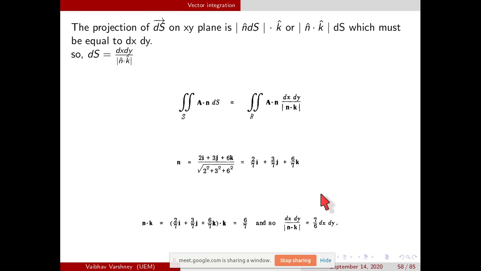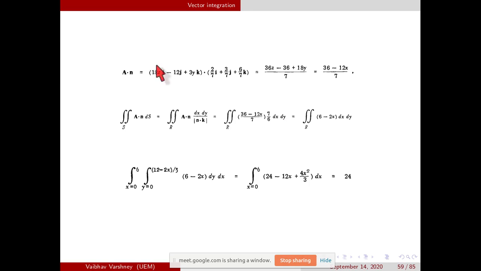Okay, so now we will just put this. In the same way we can calculate a dot n also. We have a vector, we have n vector. This will be a dot n, and now we have everything, a dot n dx dy upon n dot k. We will just put this, and we will reach this, 6 minus 2x dx dy.